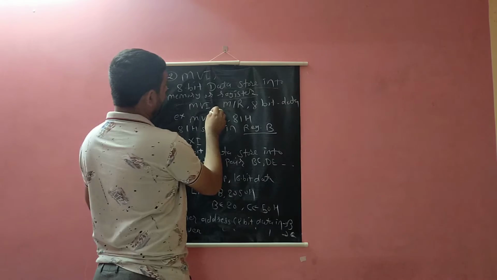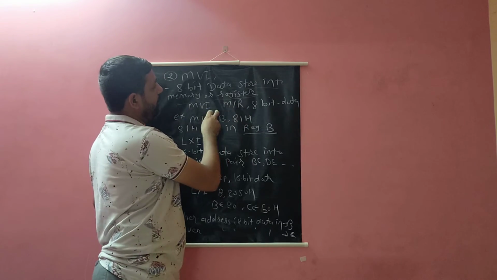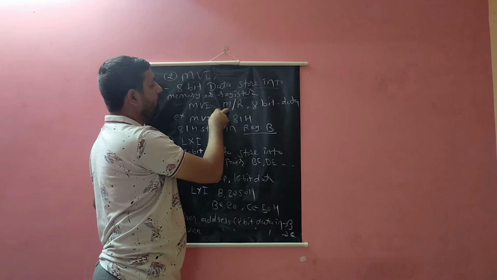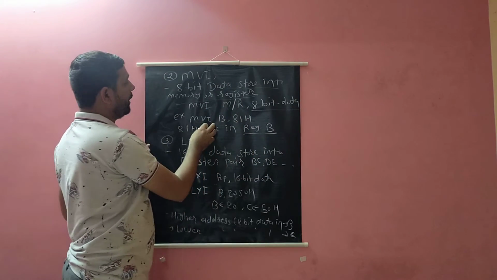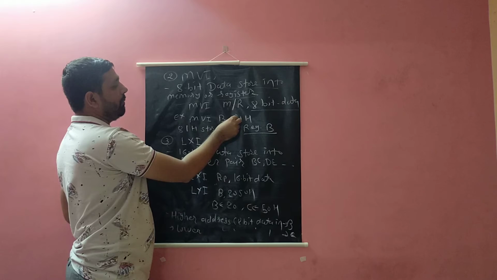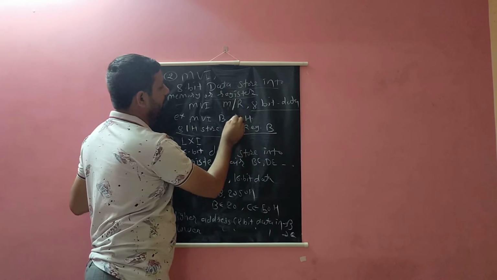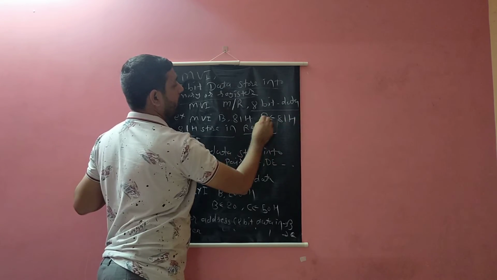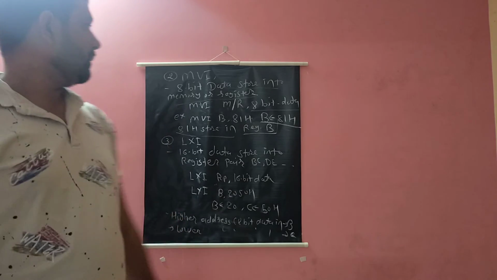The syntax is MVI, memory or register, and 8-bit data. Here we take an example for the register: MVI B, 81H means 81H is stored into register B. That is the MVI instruction.